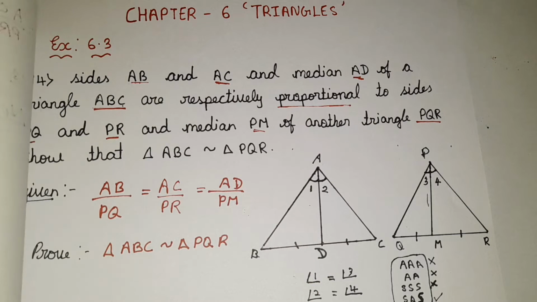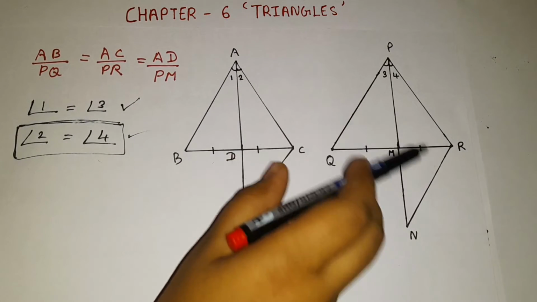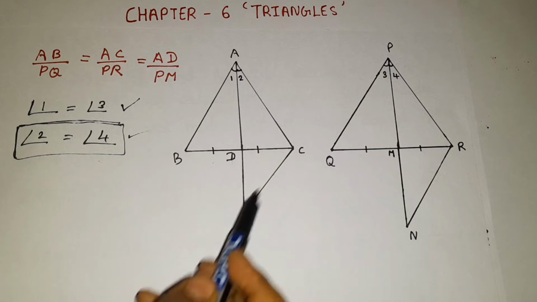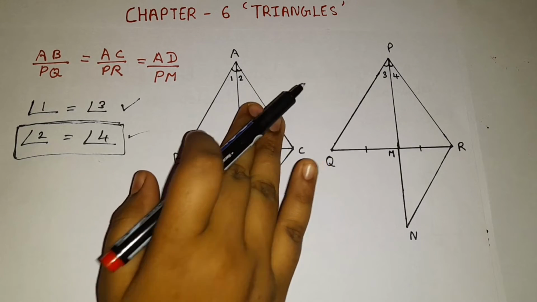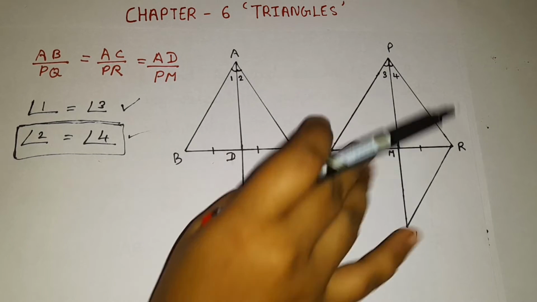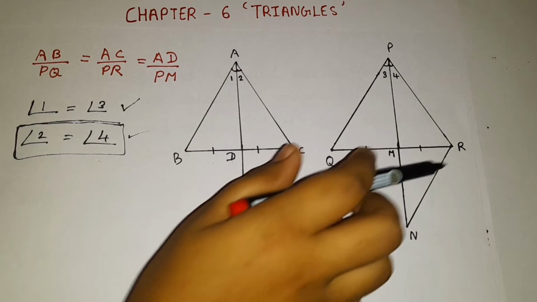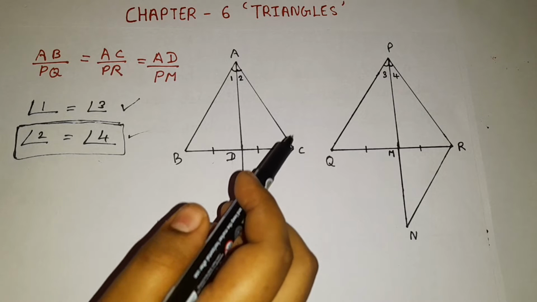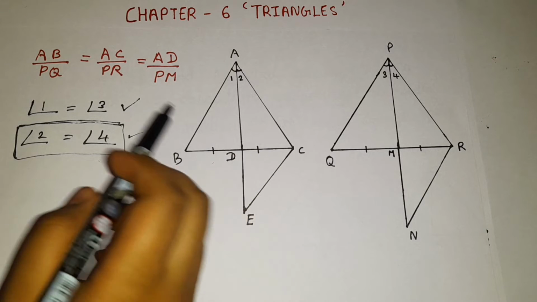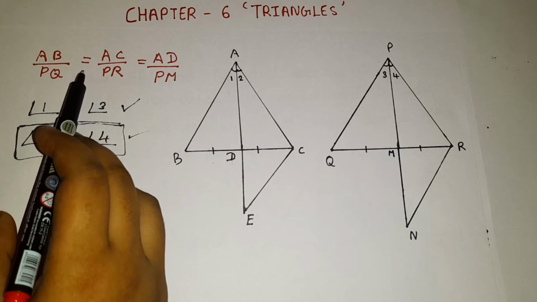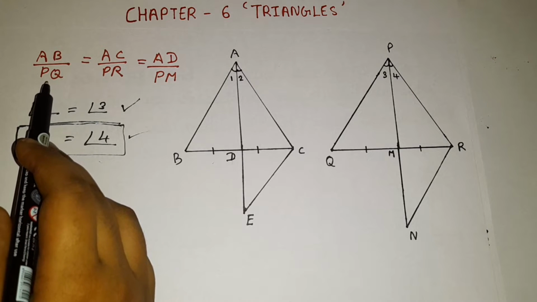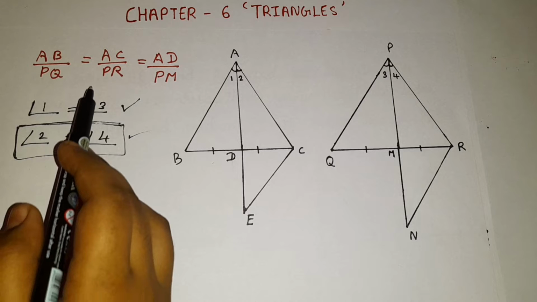Am I right? So if you want to prove this triangle AEC, I am talking about the whole triangle, and here also I am talking about the whole triangle, that is PNR, if I want to prove it is similar, then I need information. According to the question, they had mentioned the information. I'm going to be checking, is it lying on the triangle?